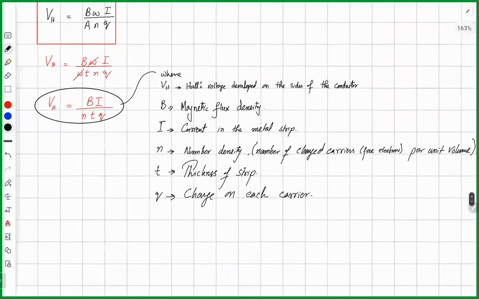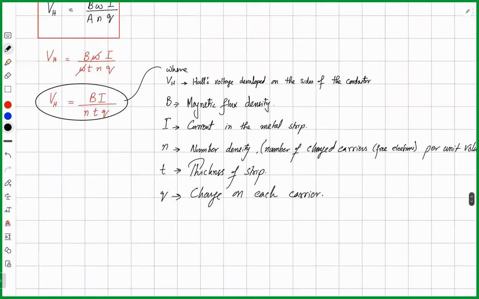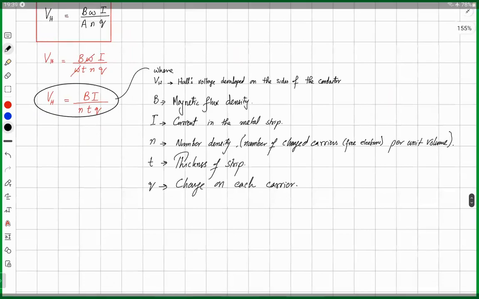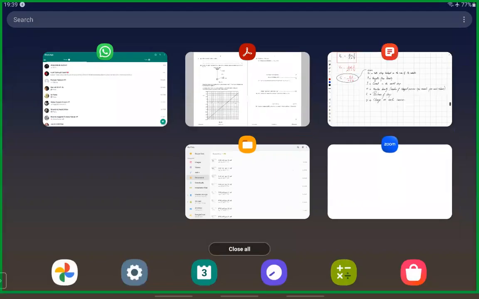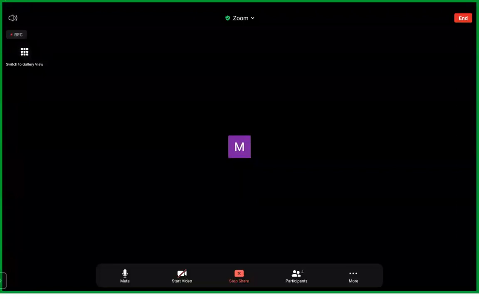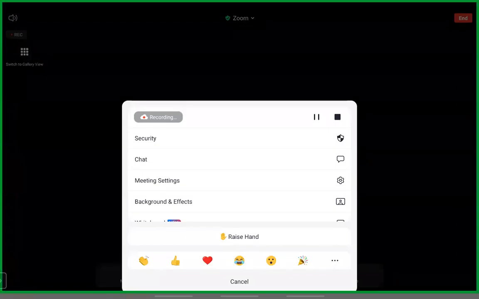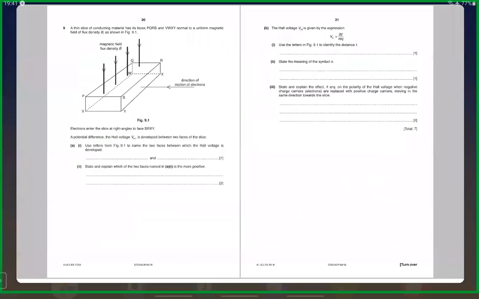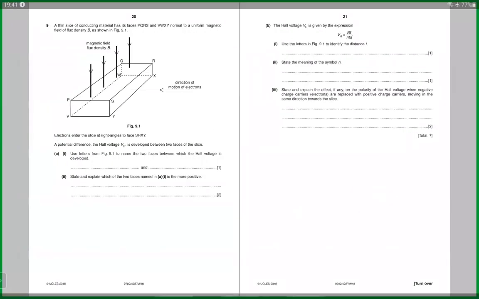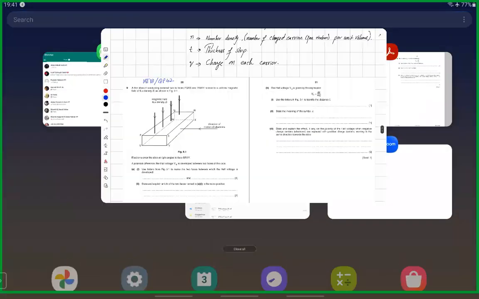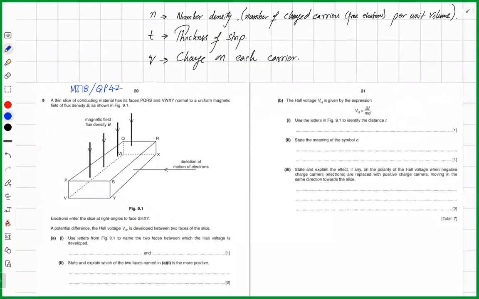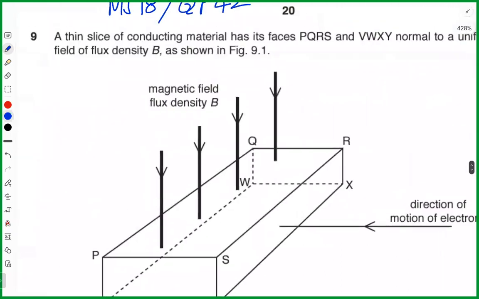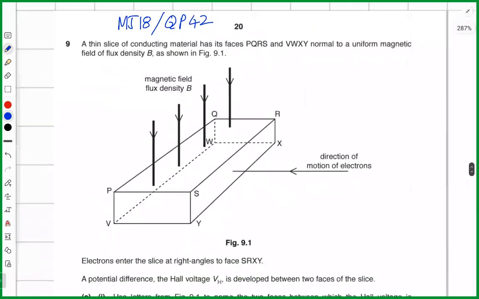So this is a very famous formula that you need for Hall voltage. Now let's solve a question. This is taken from May/June 18, question paper 42, question number 9.